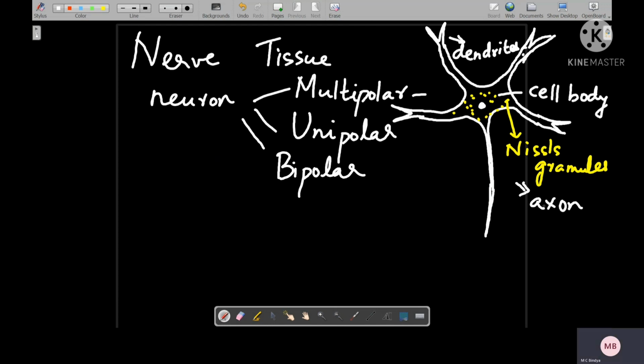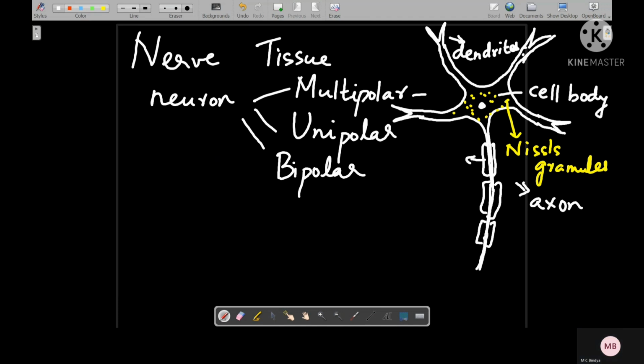Now, there are two types of neurons, where in some of the neurons, the axons will be covered by myelin sheath. Myelin sheath is made up of proteins as well as fats, and they are made up of Schwann cells. So the Schwann cells will form a layer around the axon.